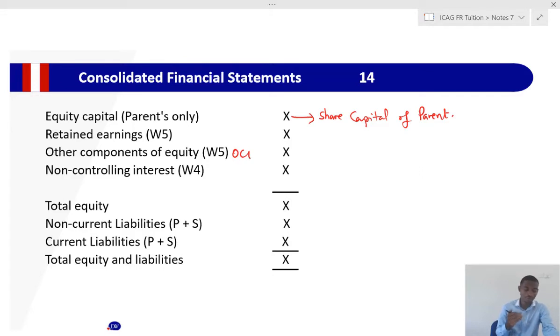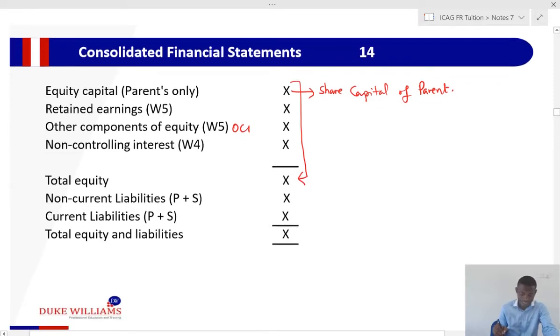Then we have non-controlling interest, NCI, the minority investment in the subsidiary. That is what we are looking at. And again, they have a standard working which is called standard workings 4. So workings 4 will be for non-controlling interest. Now the total of this gives us the equity.